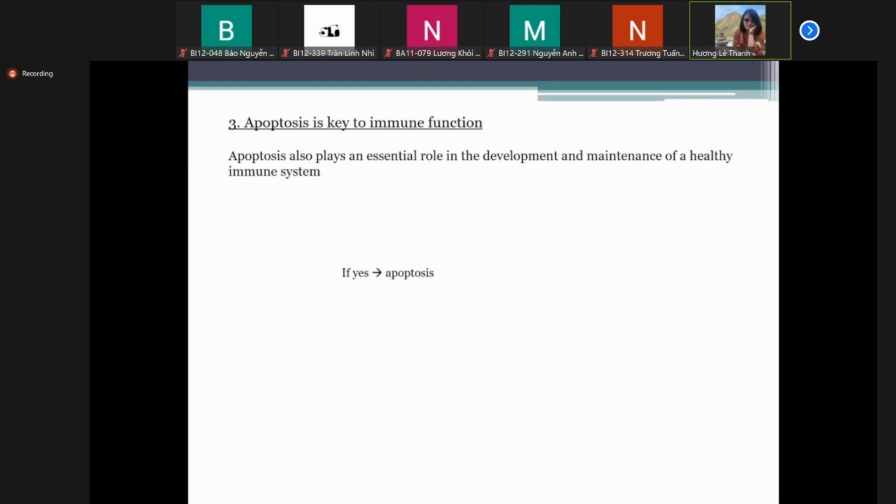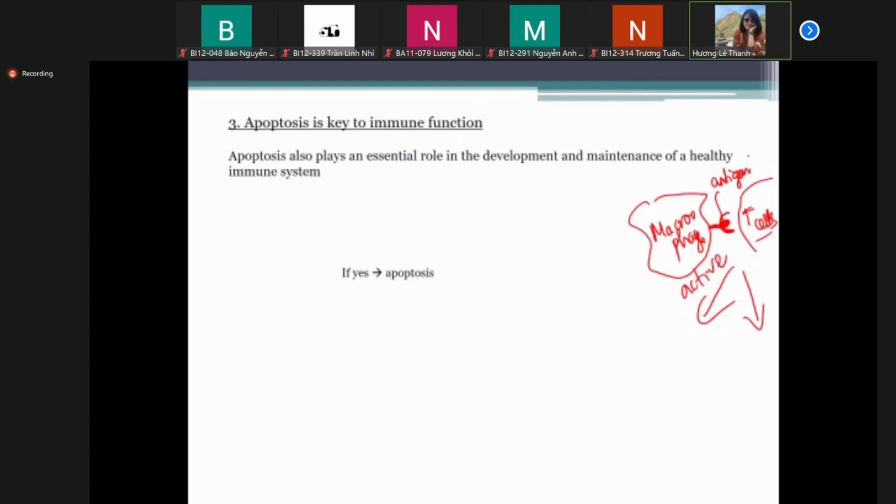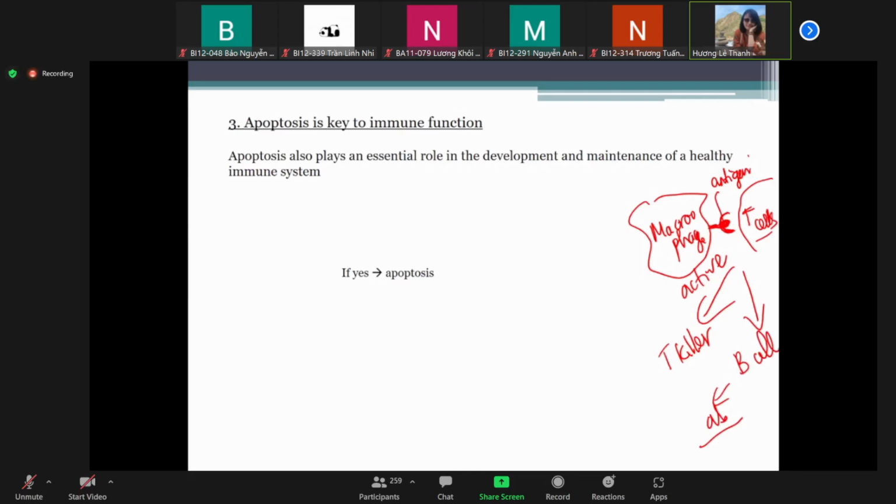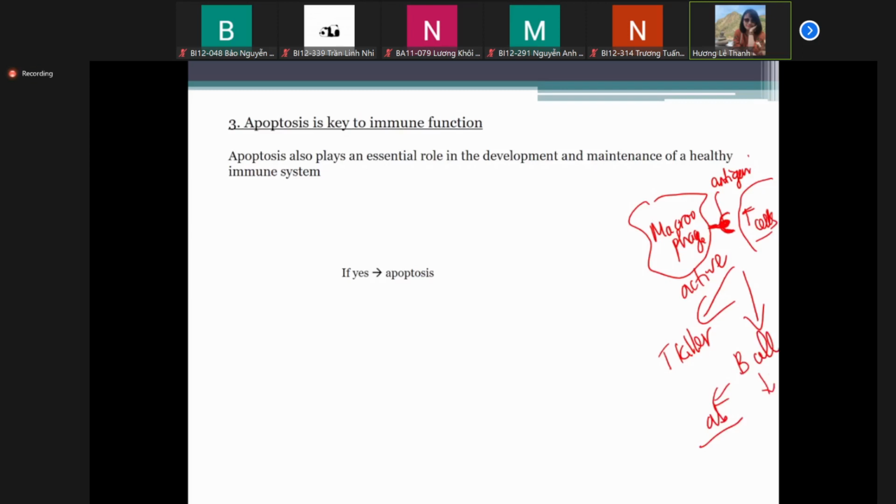When a macrophage digests a virus, for example, it will present one small piece, an antigen, on the MHC receptor on its surface, and a T cell will come and recognize this antigen, and activate the helper cell to help the macrophage kill the pathogens, and also activate B cells to produce antibodies, and memory B cells to store information about these pathogens for the next time they invade our bodies.